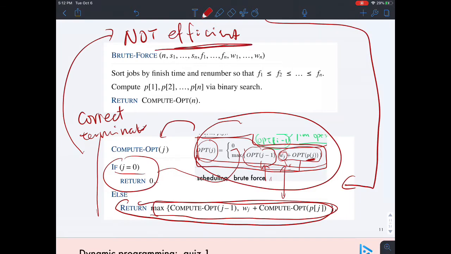There's a philosophical question here. In our course, our definition of algorithm implicitly means that we care only about algorithms that run in polynomial time, in other words, efficient algorithms. This algorithm, as we can see, is going to have an exponential running time.